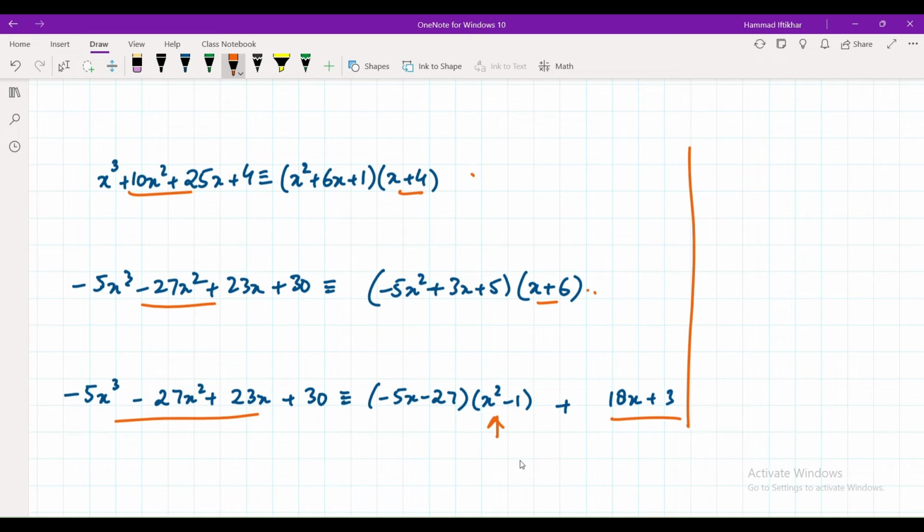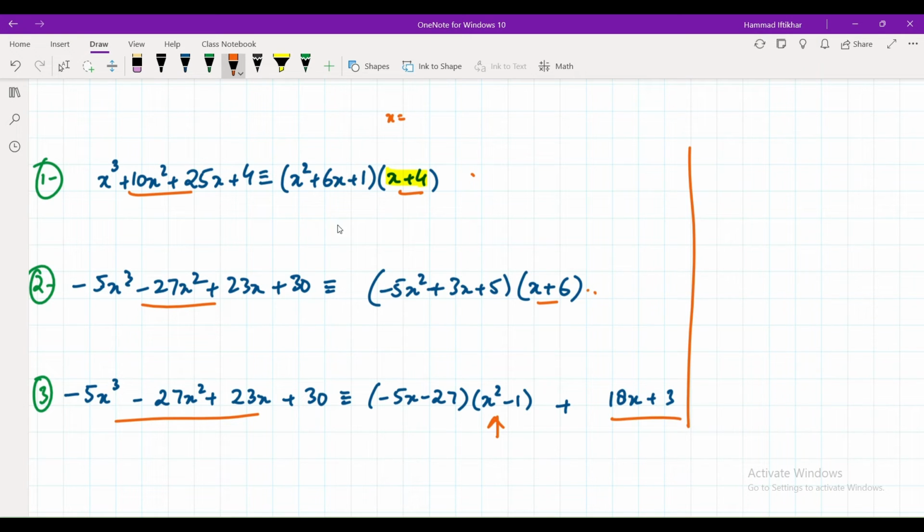So if I have this expression over here, what if we were able to make this entire thing 0 by selecting an appropriate value of x?